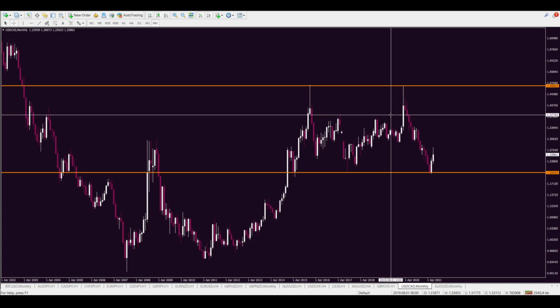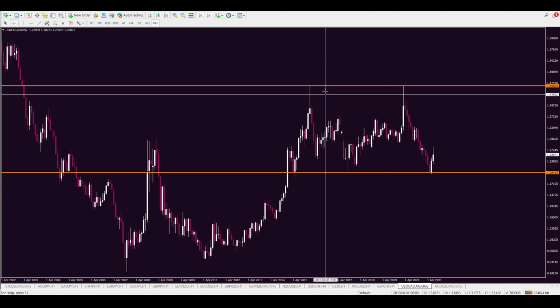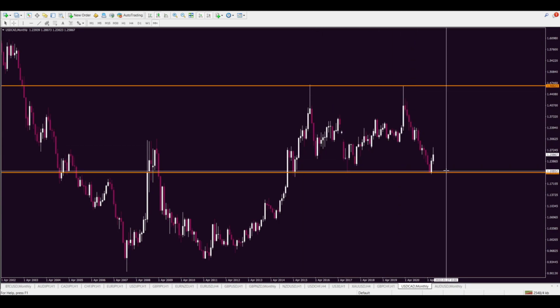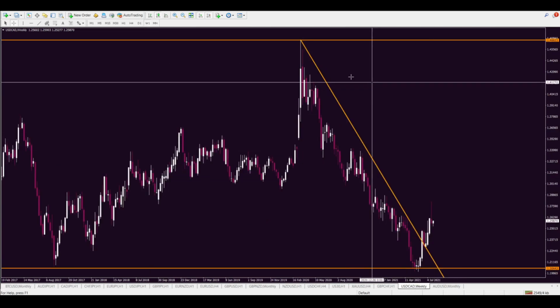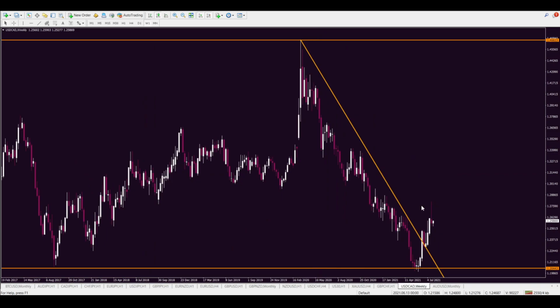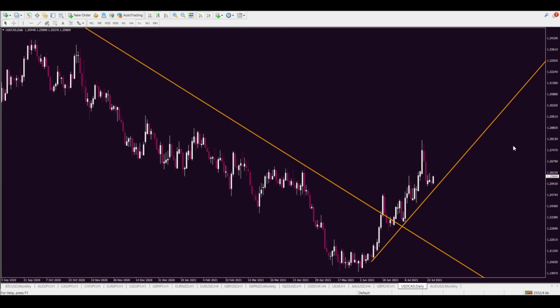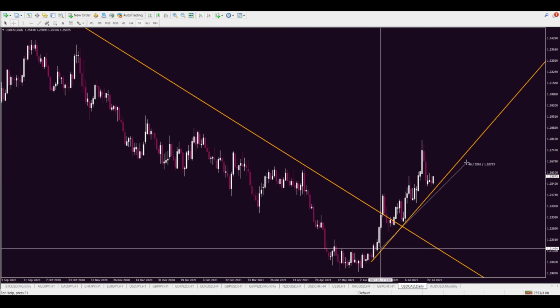The price basically in a channel. Resistance, resistance, support, support, support. Very interesting. Weekly, bearish. Daily, bullish right here.